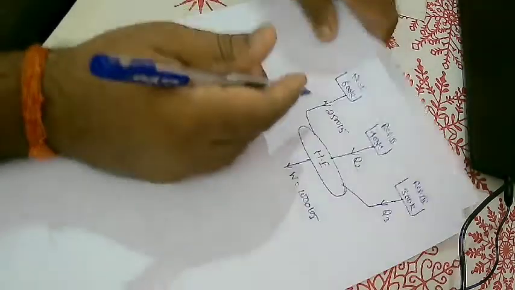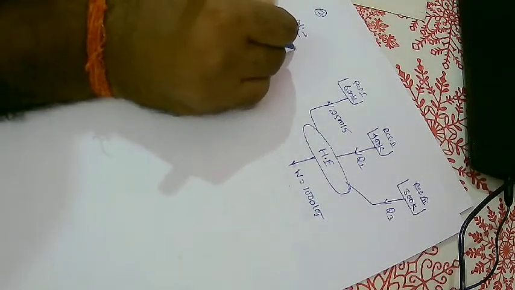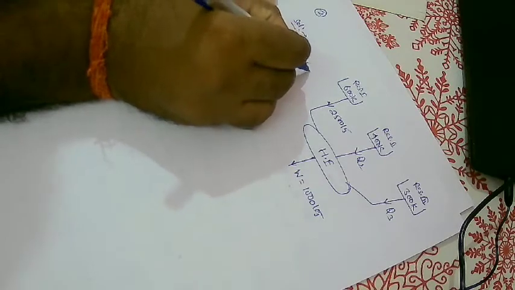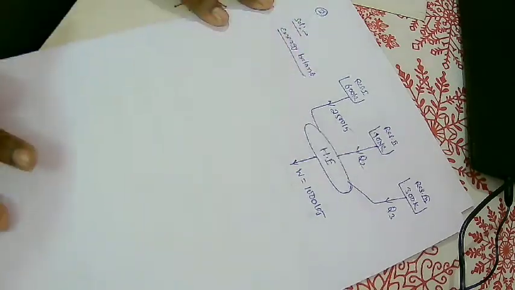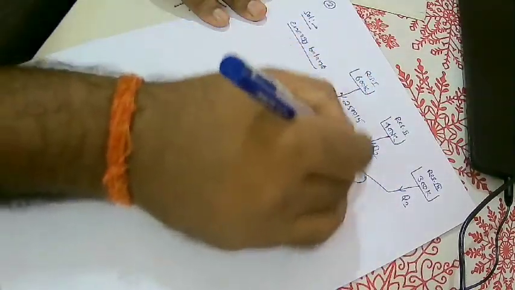So let's start this problem. All these things are given, and we have already drawn the figure. Now we can start by applying the energy balance. So the solution first is the energy balance. If we apply energy balance, we can write summation of heat is equal to work, because this is our system and we are applying it about this.